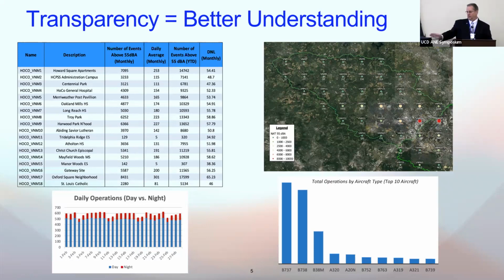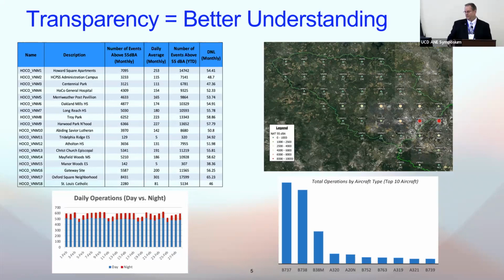So the one on the right basically shows, at each monitor location, the number of times that the instantaneous noise exceeded a particular level. This one happens to be the number above 55.